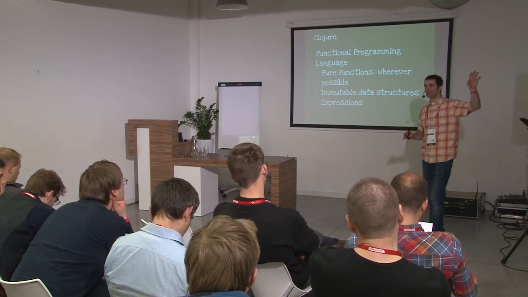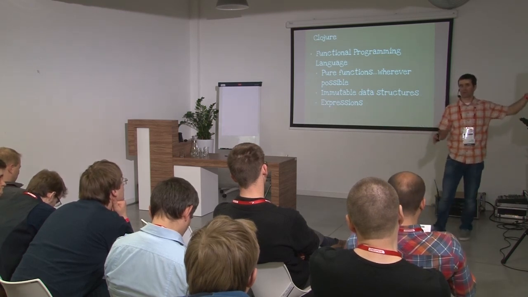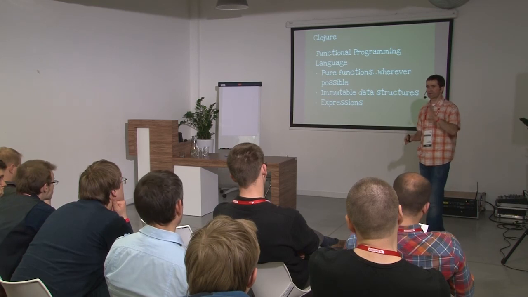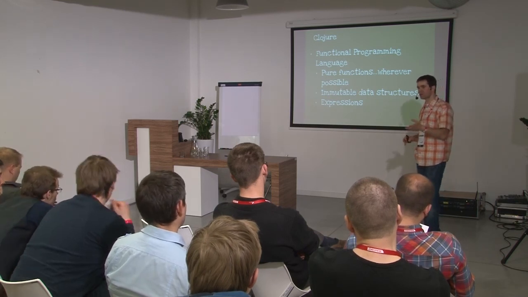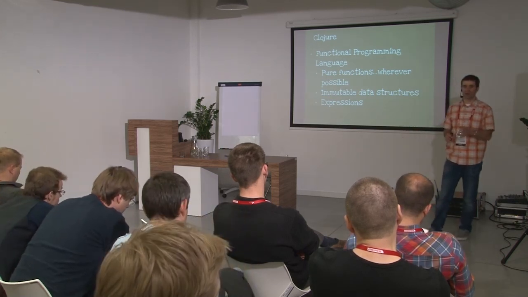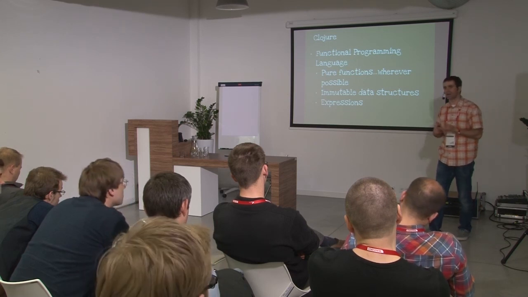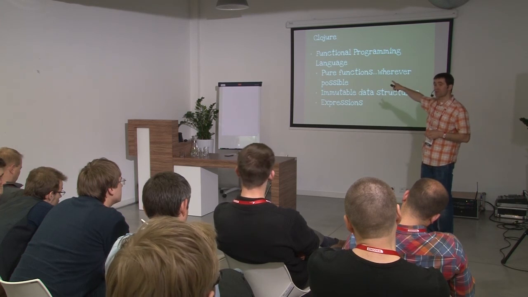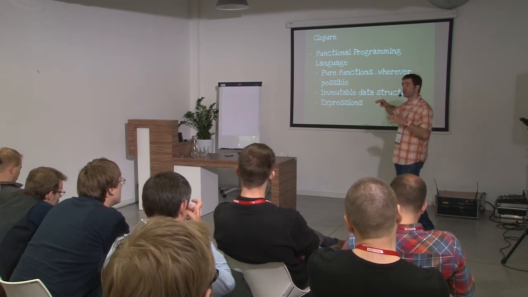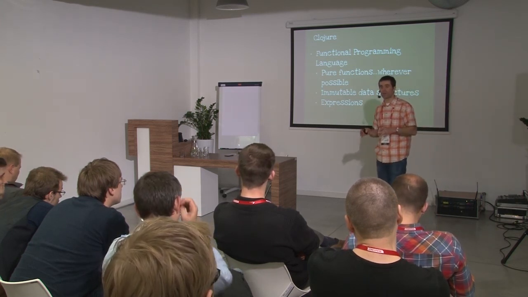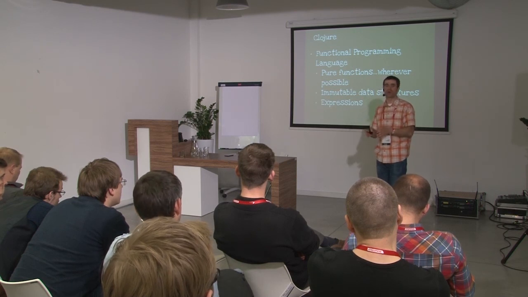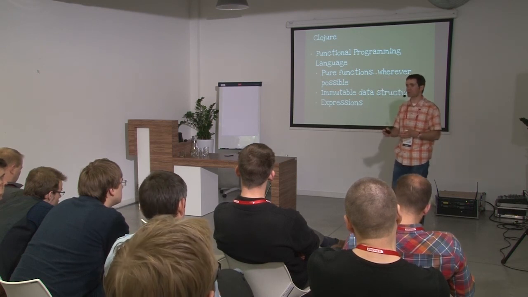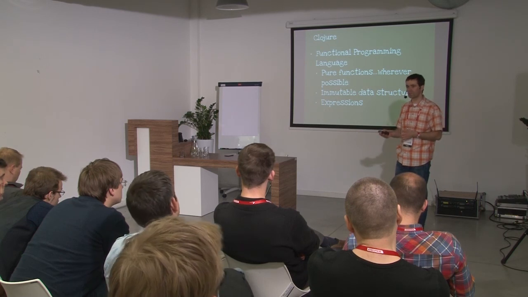So F# is still nearby, but the main two functional languages I'm learning now are Scala and Clojure. So Clojure was the first functional programming language I decided to learn. I decided to spend my time on and grasp the concept of the functional paradigm.